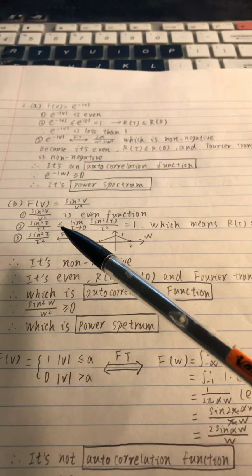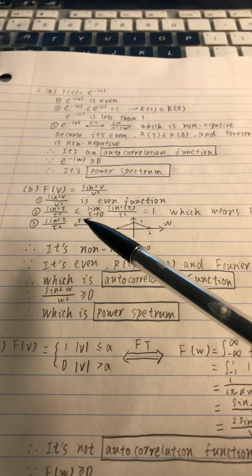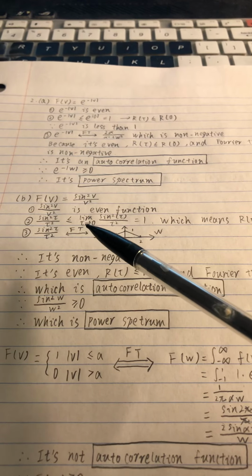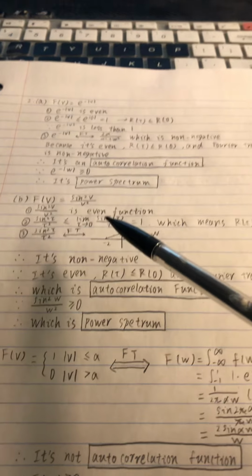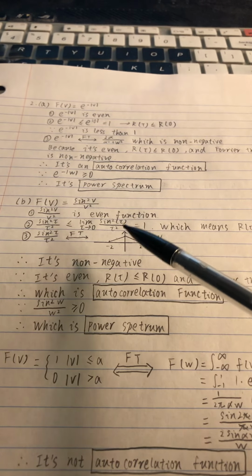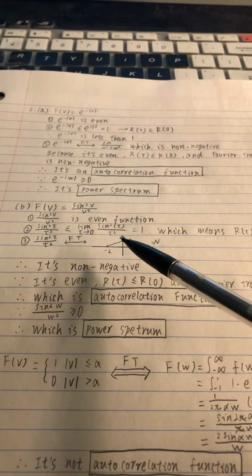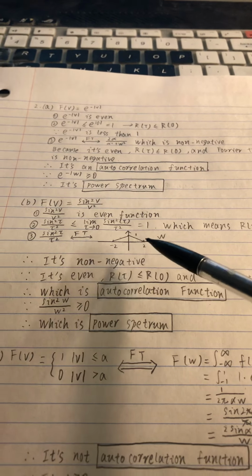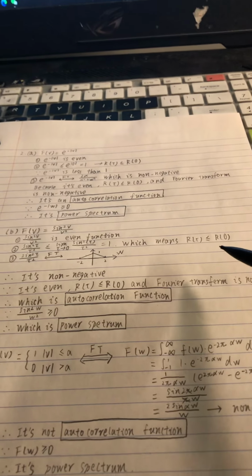Secondly, we replace the v with tau, which is the limit as tau goes to 0 of sine squared tau over tau squared, which is equal to 1, which means R(tau) is smaller than R(0).